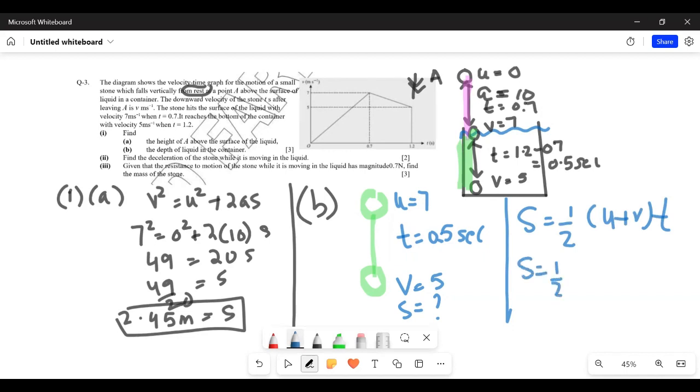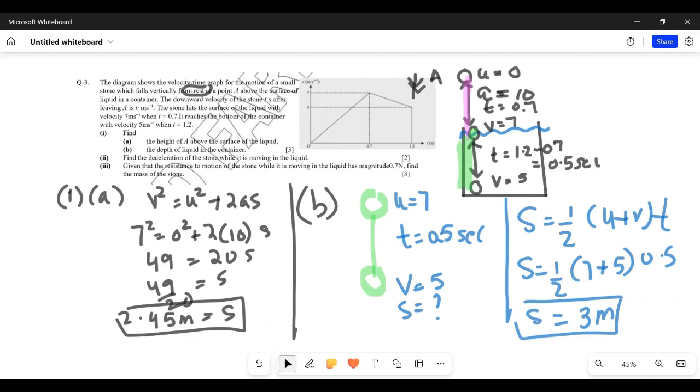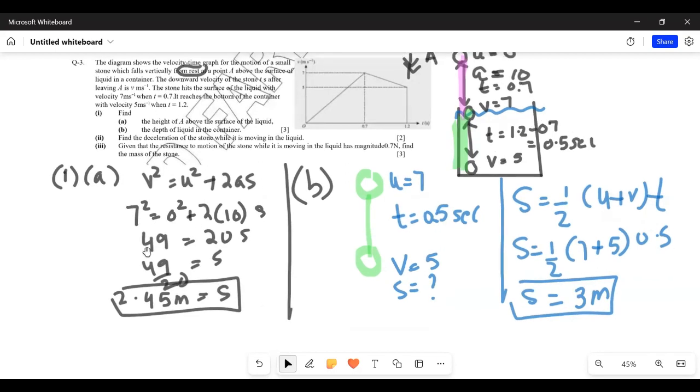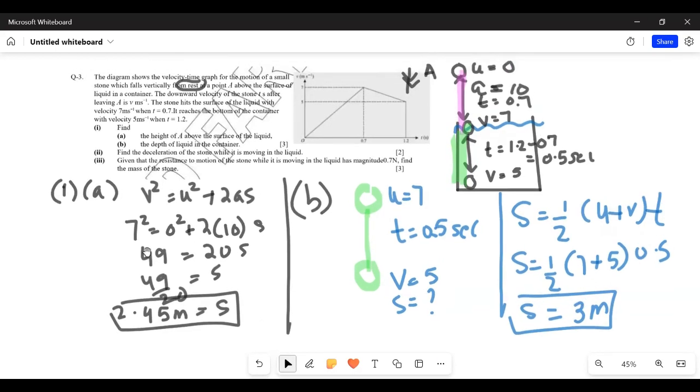So half of 7 plus 5 times 0.5, which is 3 meters. So this distance is 3 meters.